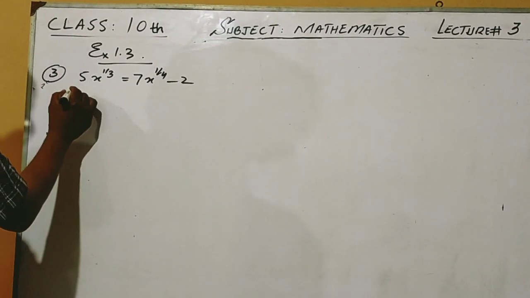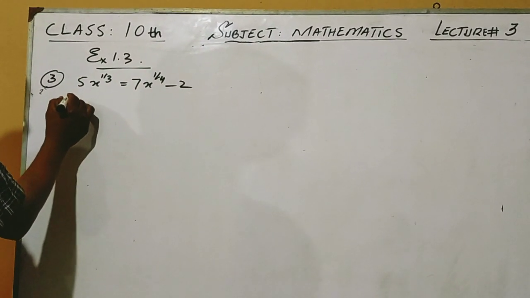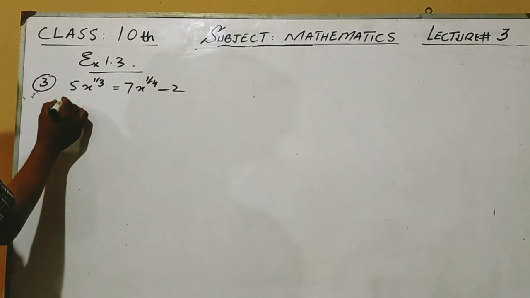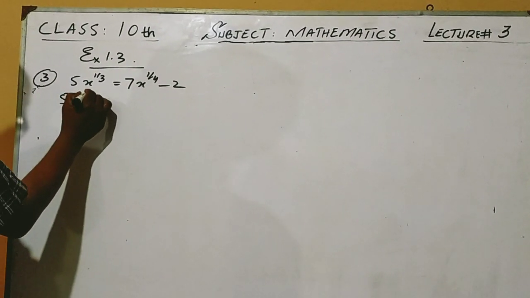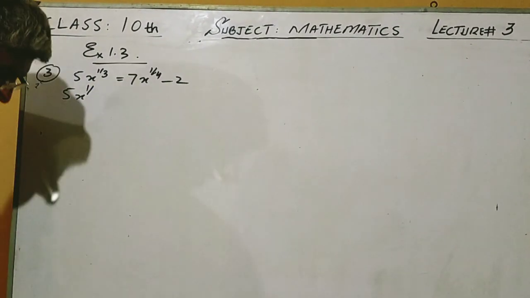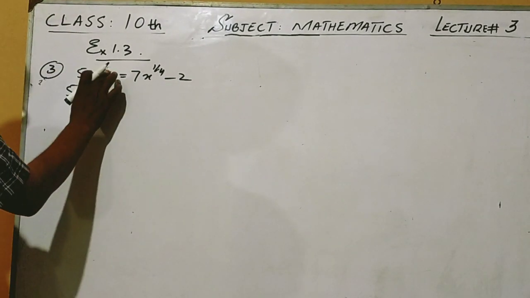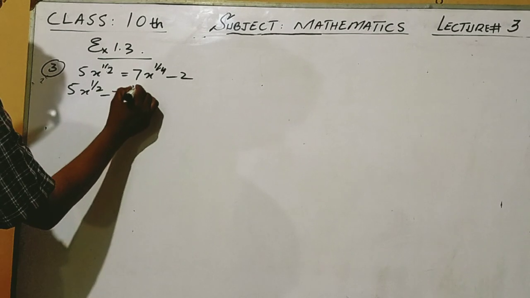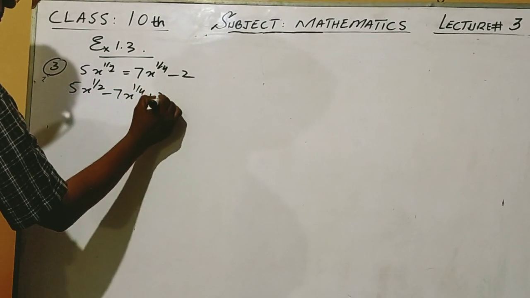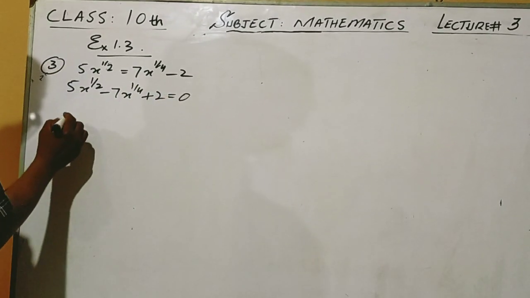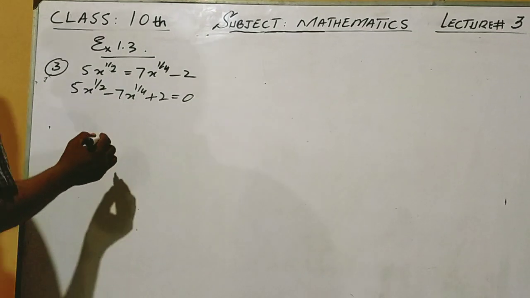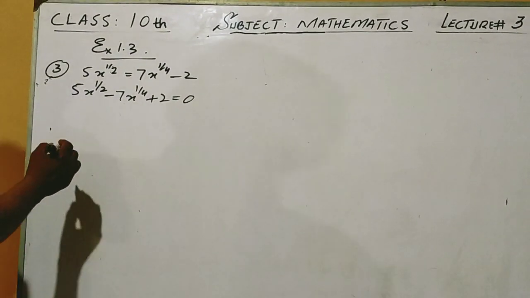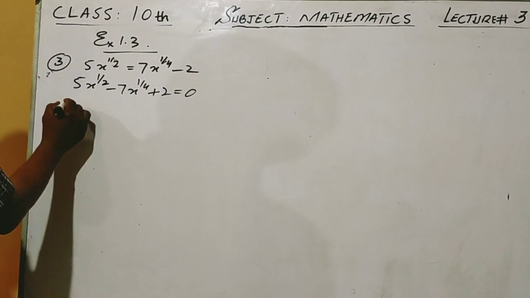So how will you solve this equation? Firstly, you should simplify this. This is 2 minus 7x^(1/4) plus 2, and this is 0. Now you will use the proper substitution. How will you substitute this?